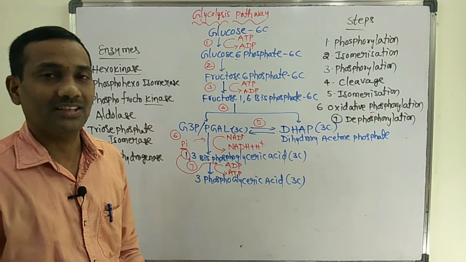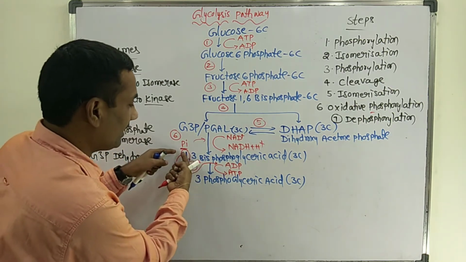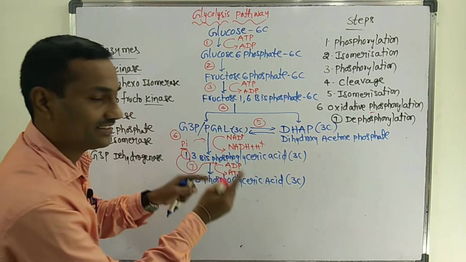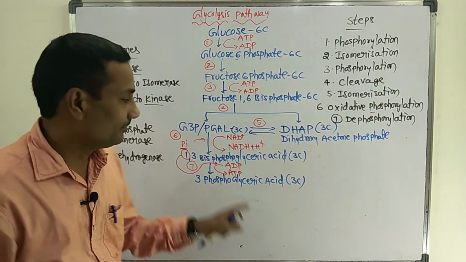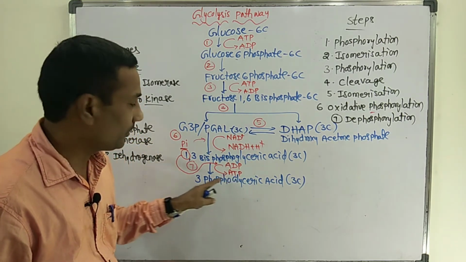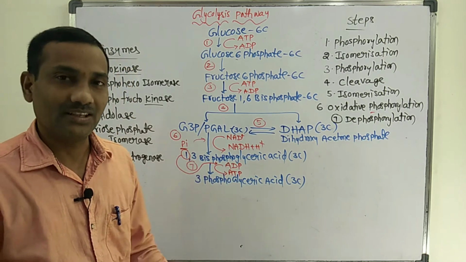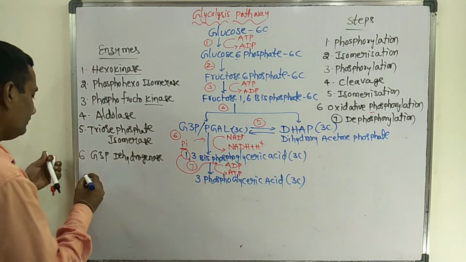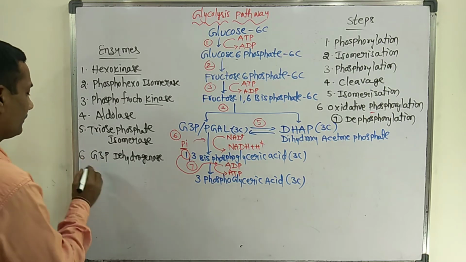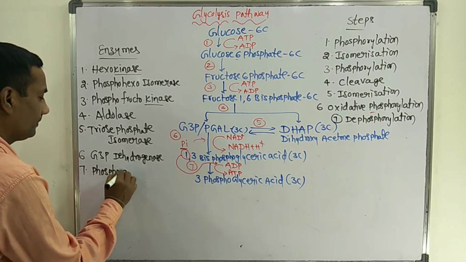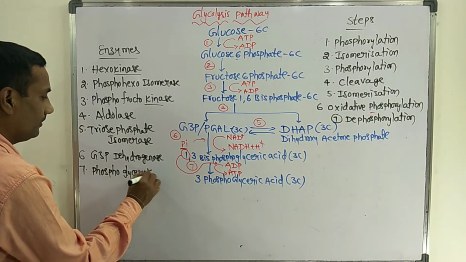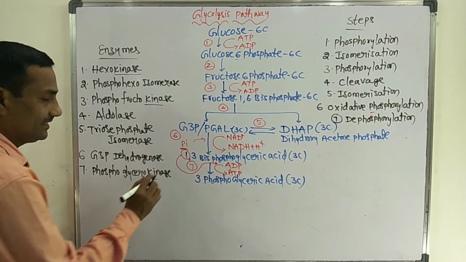That's why the 7th step is dephosphorylation, removal of phosphate from the substrate. Because of dephosphorylation, one ATP is produced at the 7th step. This step occurs in the presence of an enzyme, phosphoglycerokinase.